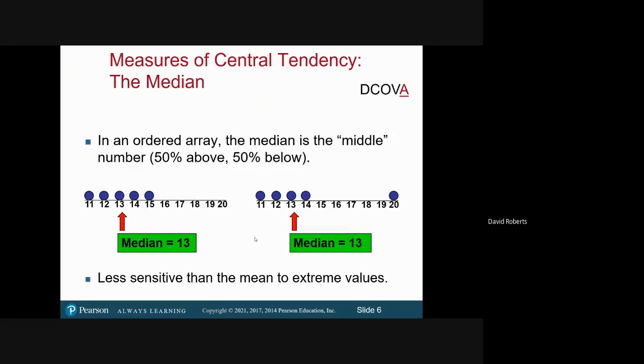Let's say you have 12 in the month of August. That will drag the average up. But then in September, you only have 2. So the average will look like it's going way down. You're allowing a very large value in that case to affect the middle. The median is much more stable because it's not as drastically affected by outliers. And you can see at the very bottom, it's less sensitive than the mean to the extreme values.